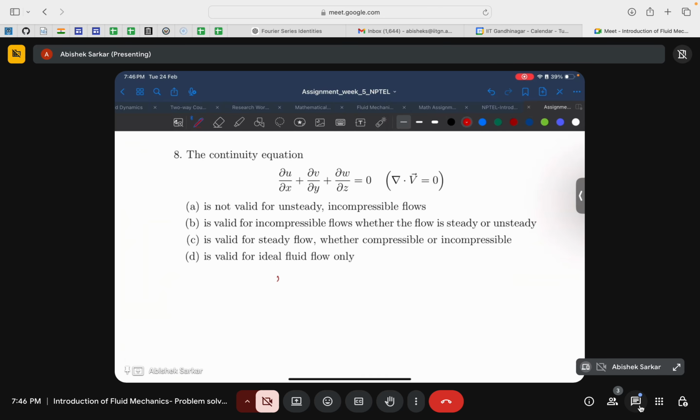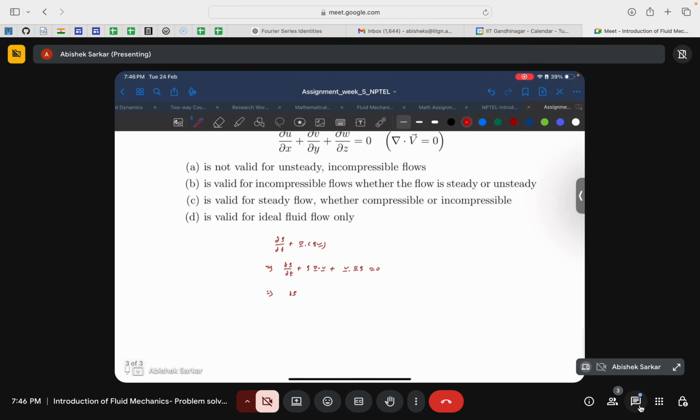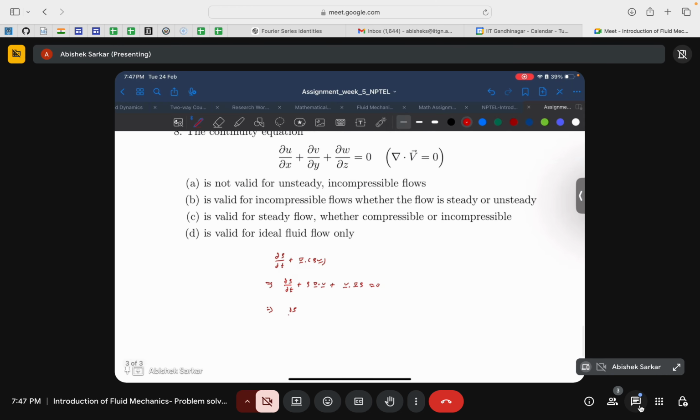So you see that the mass conservation equation is given by dou rho by dou t plus del dot rho v. If you expand it further using the chain rule, you will get dou rho by dou t plus v dot del rho plus rho del dot v is equal to 0.